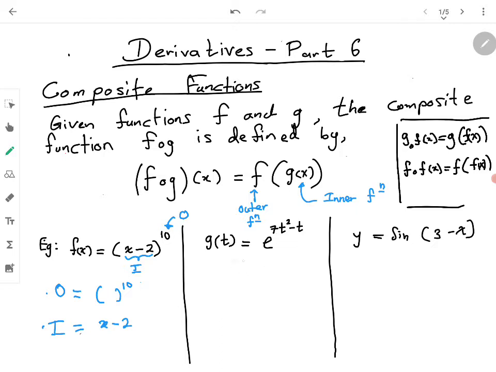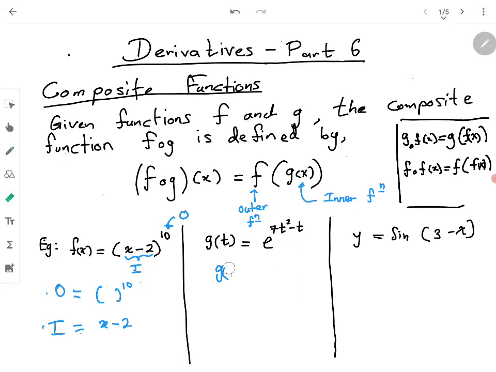Okay, let's see the second example. So the second example is an exponential function. So in an exponential function, the general definition of the exponential function, we put numbers into the exponent t. So t acts as the inner part because we are putting something inside that to find a value.